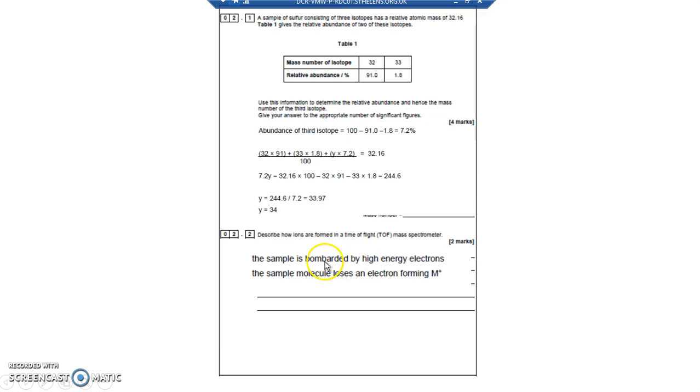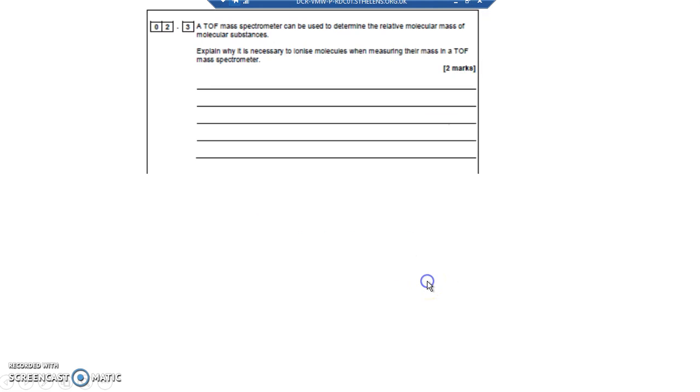So you hit the atoms in the sample by high energy electrons fired from an electron gun, and then the sample loses an electron, forming an ion or a particle with a plus charge. We've called the particle M here. But it's essentially a particle that's lost an electron and has a plus charge.